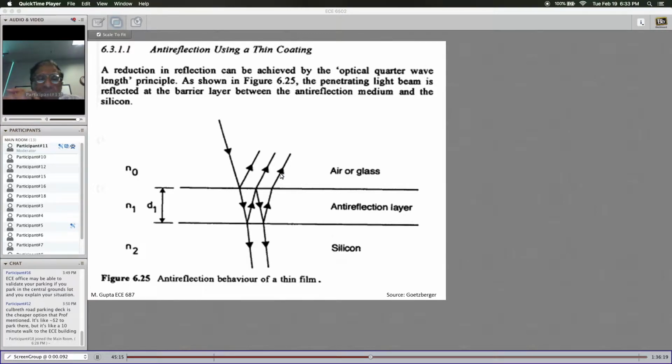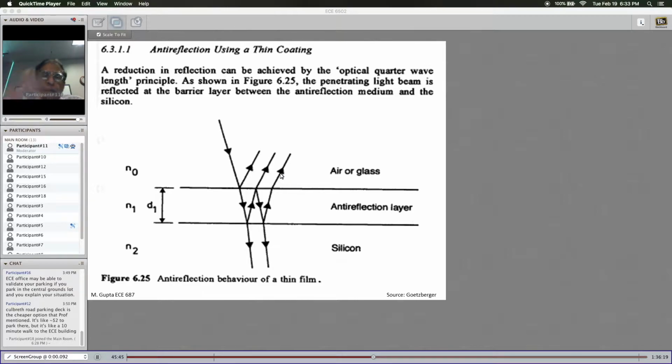Now the question is, to achieve a phase difference of pi using this anti-reflection layer, what index and thickness do I need to choose? I need to choose my index and thickness because that's what controls the phase difference. Light travels and comes back, and that's extra path length.